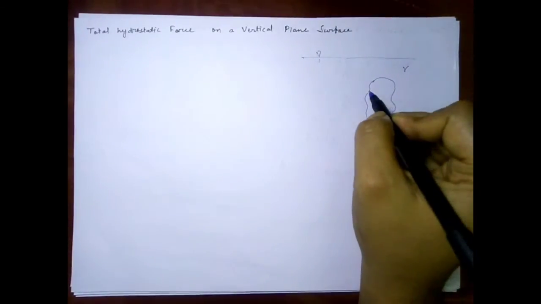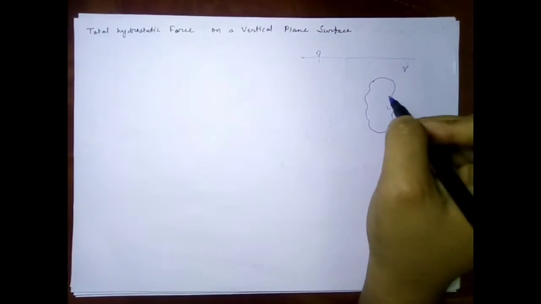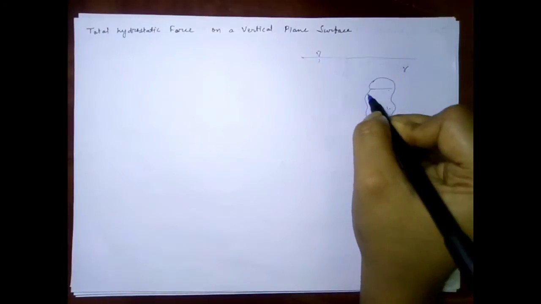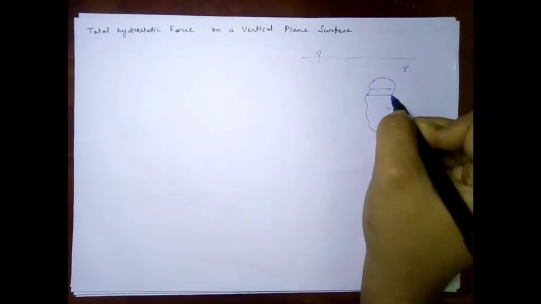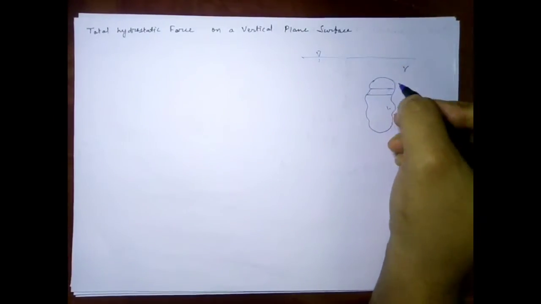Because we don't know the area or volume for this irregular object, let us take a strip in it of thickness dy.